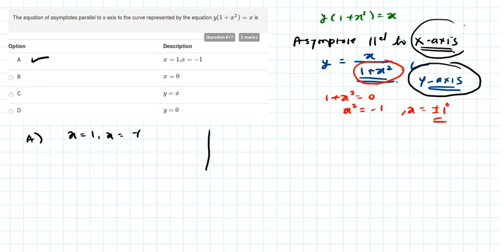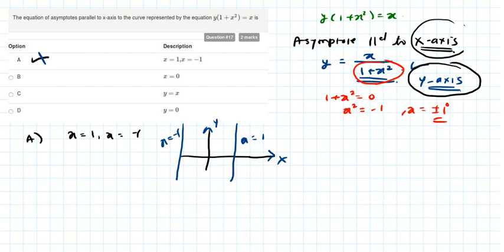If you draw those lines, this is the y-axis, this is the x-axis, and x equal to 1 and x equal to minus 1 are not parallel to the x-axis. So option A is the wrong answer.